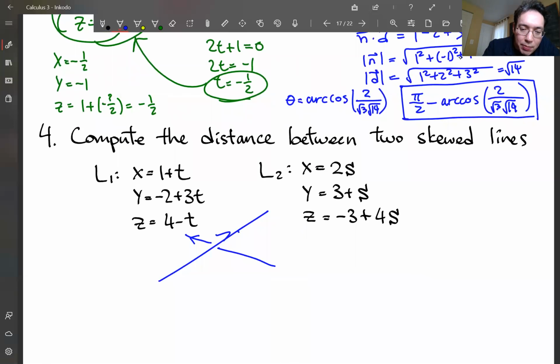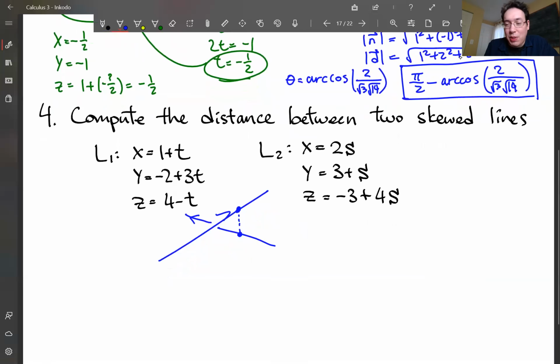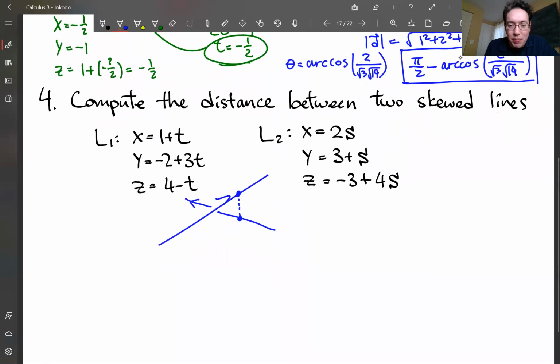One way to do that is to find the closest point on one line to the other line, and the closest point from the other line as well. So what you could do is use the idea from the first problem that we did.